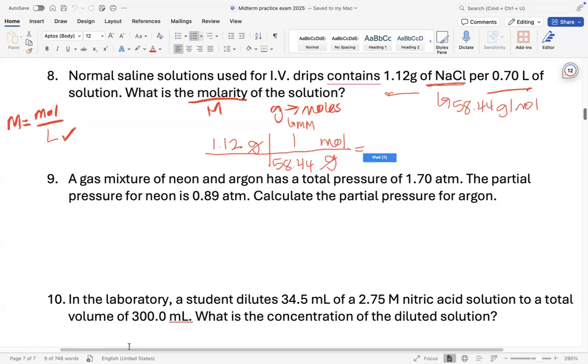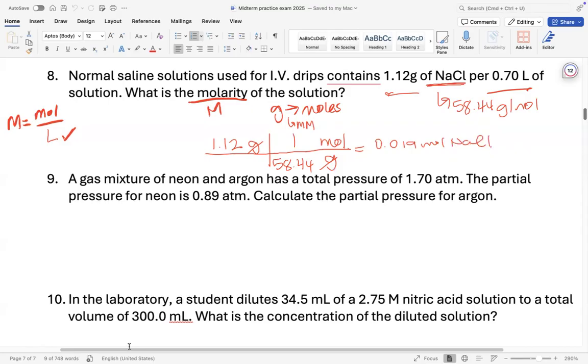Then I would plug and chug into the calculator, 1.12 divided by 58.44. And I get 0.019 moles of NaCl.